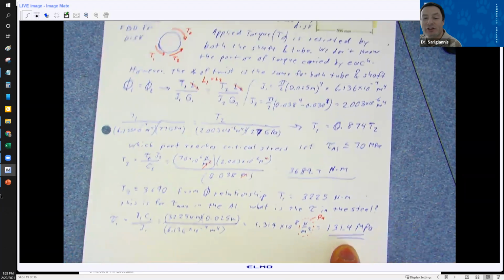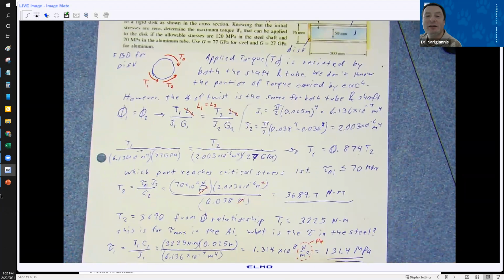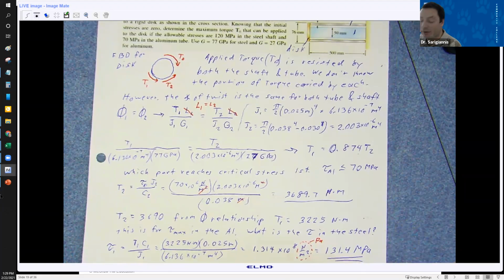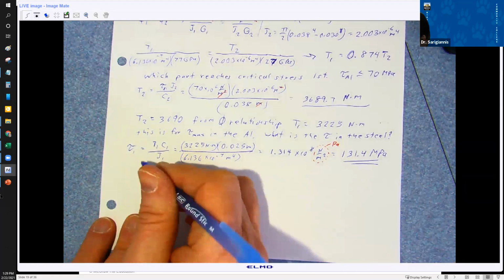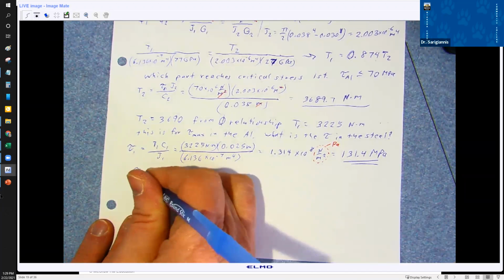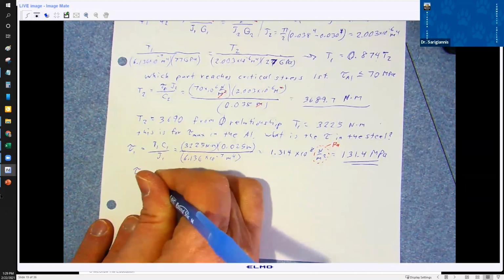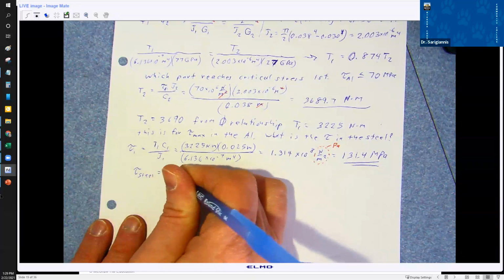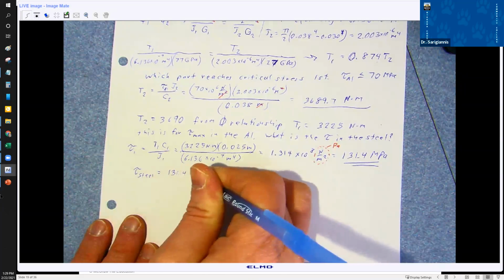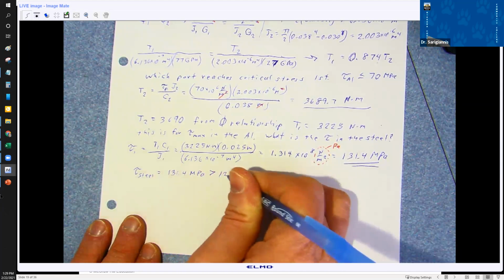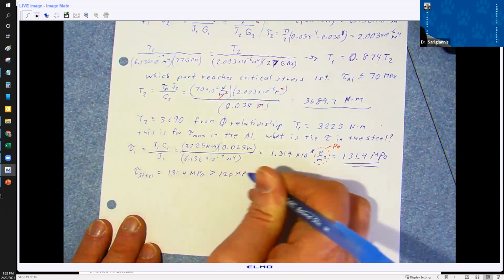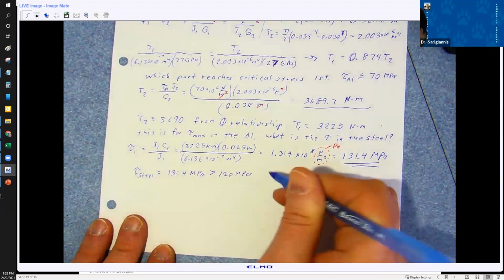The allowable stress in the steel was 120 megapascals. Oh, so we've exceeded the allowable stress in the steel. So let's write this out here. The stress in the steel is equal to 131.4 megapascals, which is greater than 120 megapascals, right, which is the limit.